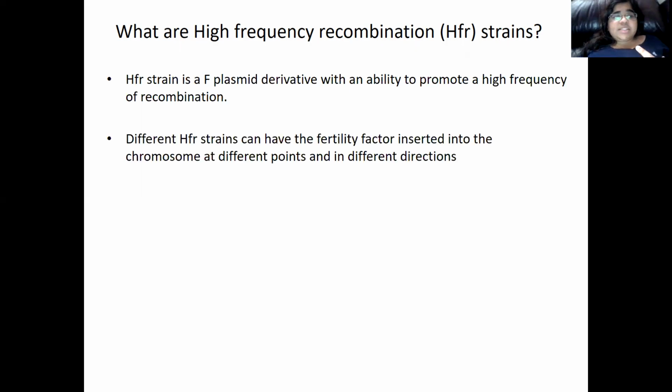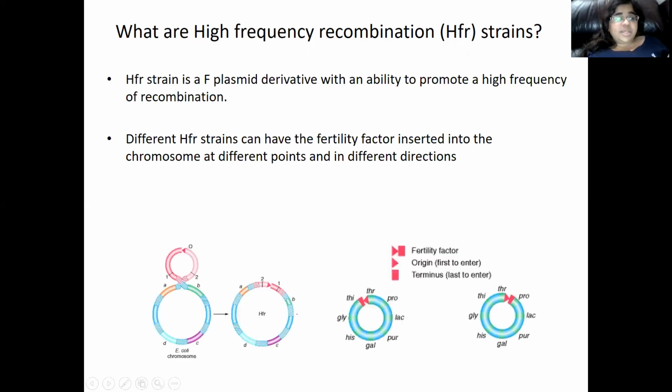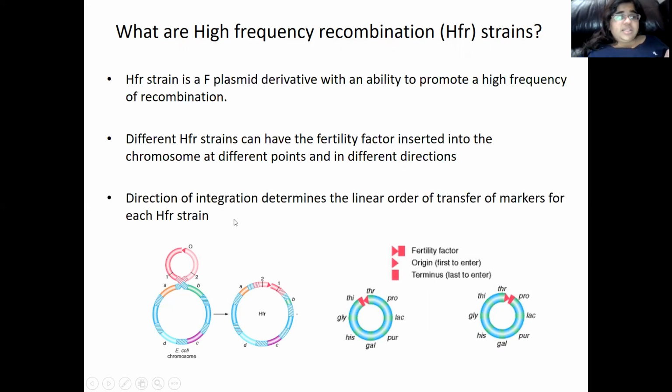And these strains have the fertility factor inserted at different points, and different directions, depending on how it ends up coming in, attaching to the chromosome itself. So when it gets attached to the chromosome itself, this integration ends up determining the linear order of the transfer markers for each HFR strain.